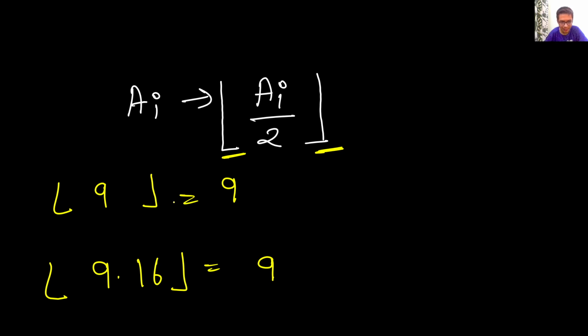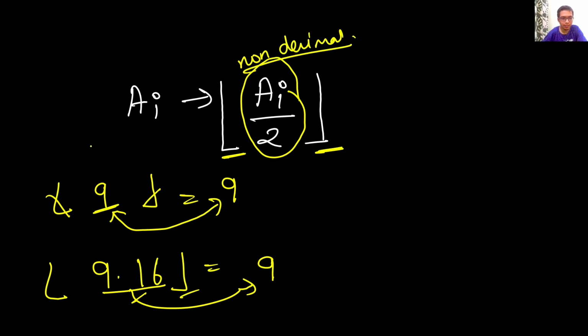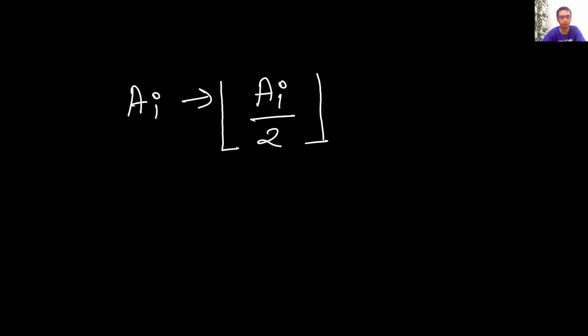So in the very first case, this value is not affected by these lower bound functions. But in the second case, which is a decimal, this value is affected by the lower bound functions. So if this resultant value is non-decimal, then just like the very first case, this value would not be affected by the lower bound functions, right?